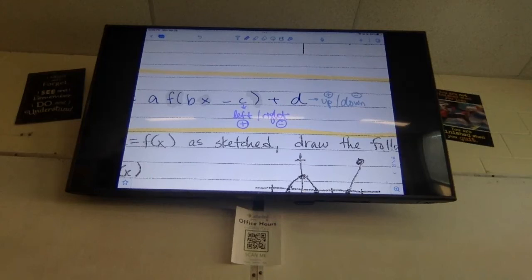So I guess that being said, we'll do B next. B deals with horizontal stretches and shrinks. That means it physically compresses it like an accordion, or it stretches it out long ways, okay? That affects my x.